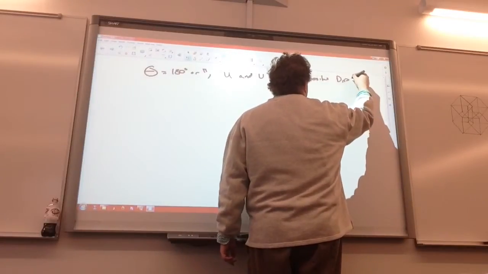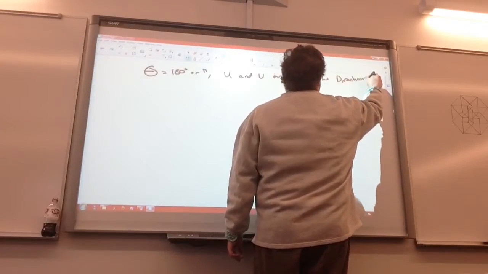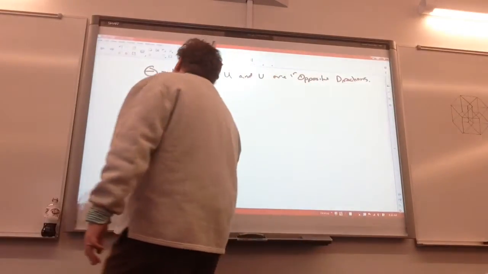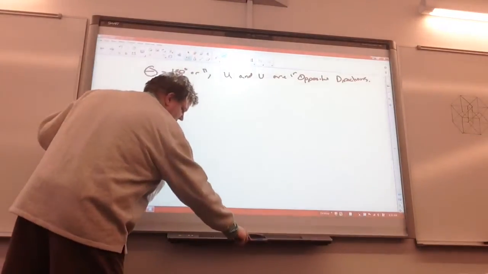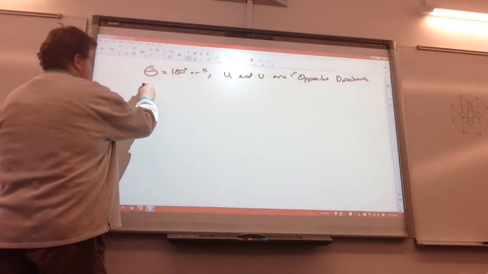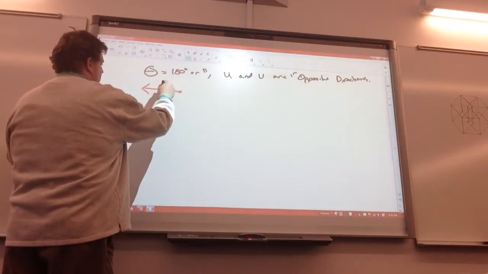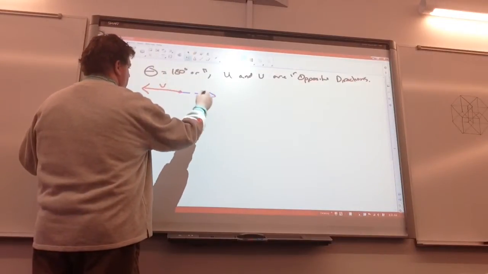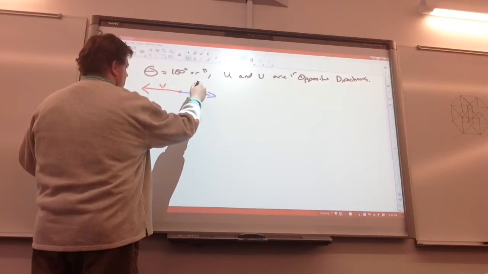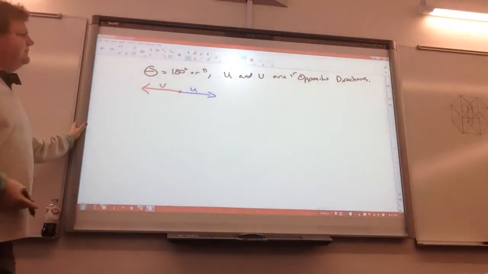I should say they're directly opposite. Why would that be the case? What's 180 degrees look like? It's a straight line. So this would literally be a system like that right there.